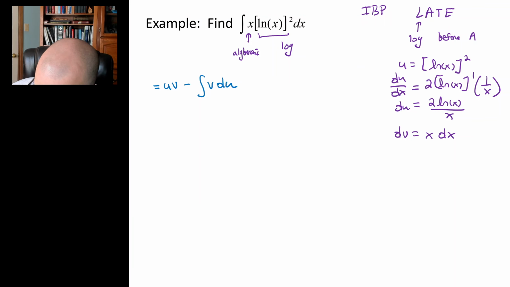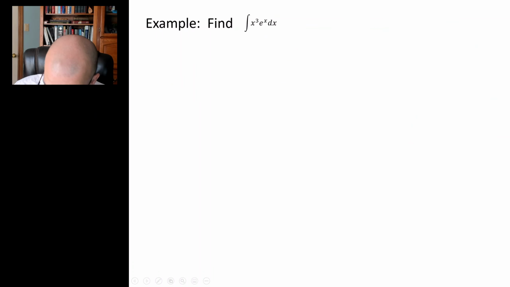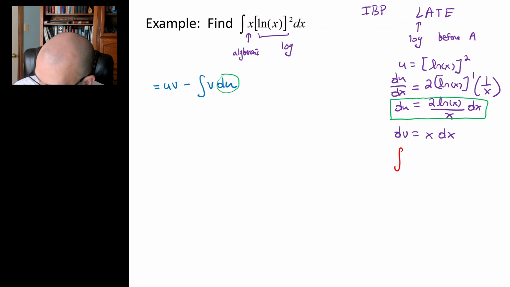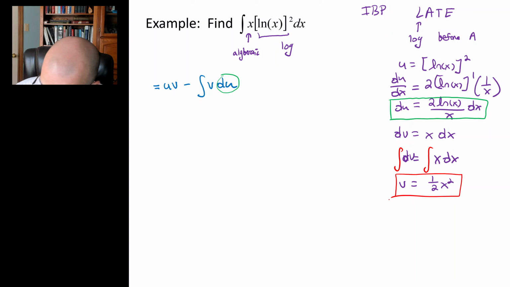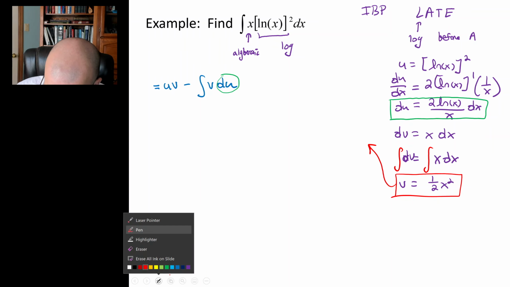So du is equal to that times dx, cross multiplying. So that's our du. And now dv, and integrate both sides. Oh, and we get v is equal to 1/2 x squared.